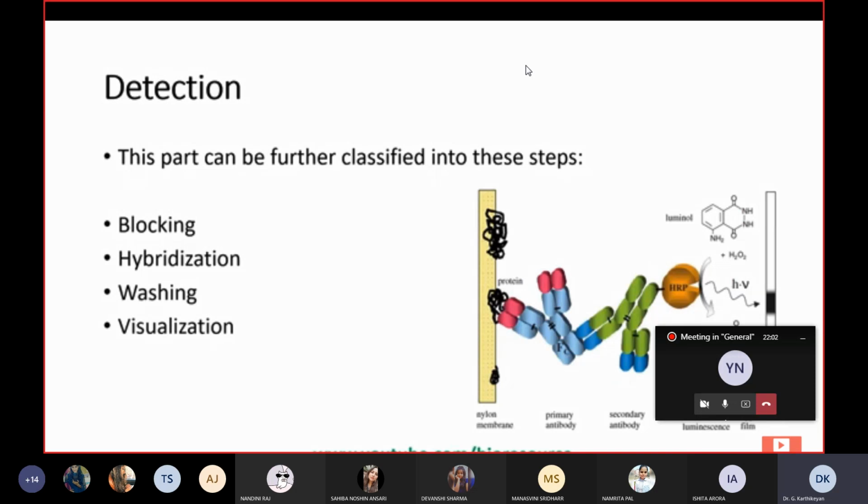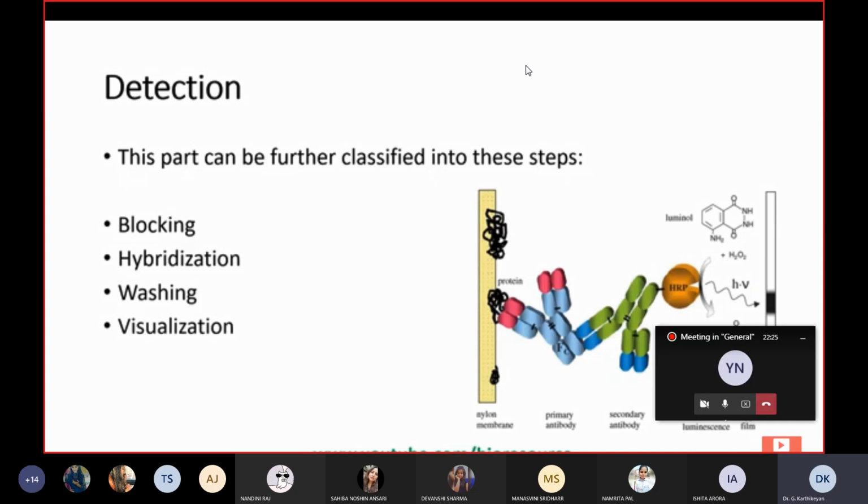Whereas for protein, the membrane is blocked generally using 5% non-fat dry milk or 3% BSA with a detergent like Tween 20. The typical concentration used for this blocking is 0.5% of the detergent like Tween 20.